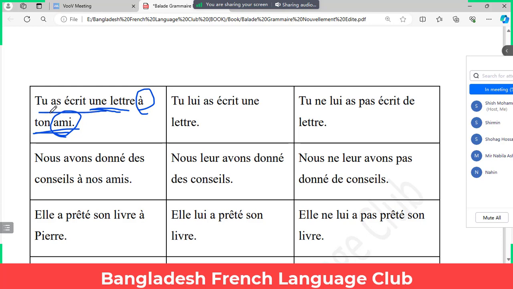This sentence means you wrote a letter to your friend. So now we are saying that you wrote to him. What did you write? Une lettre. You wrote a letter to him.